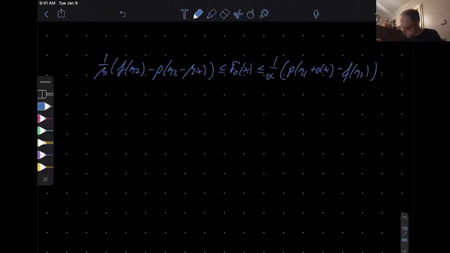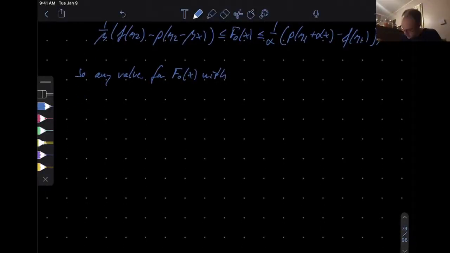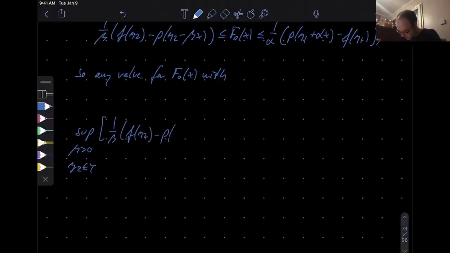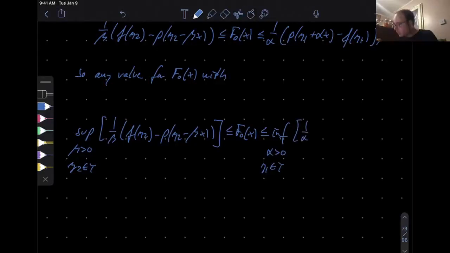So in turn any value for f0(x) with, so let's make it a bit tight here, supremum over beta positive, y2 in y of 1 over beta (f(y2) minus p(y2 minus beta x)), and f0 at least of this magnitude, and then at most the infimum over alpha positive, y1 in y of 1 over alpha (p(y1 plus alpha x) minus f(y1)).